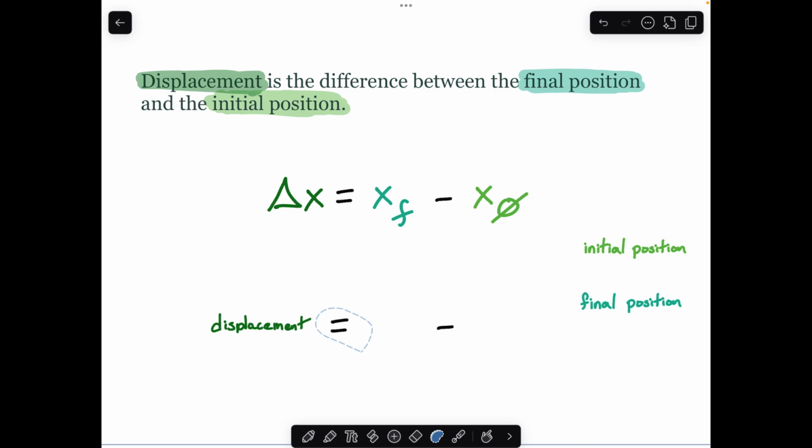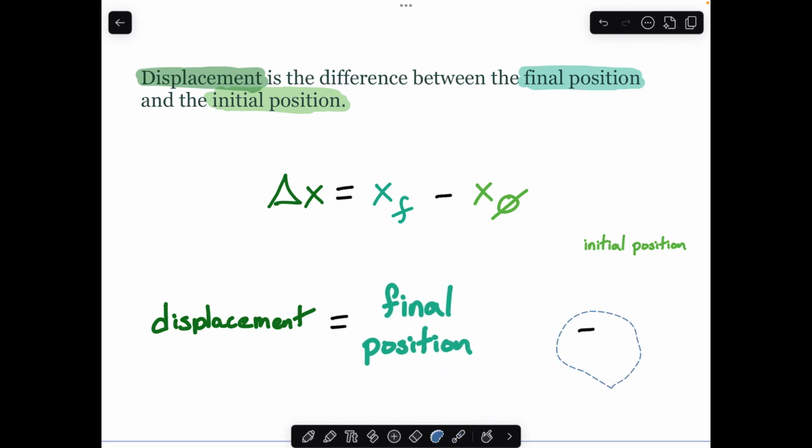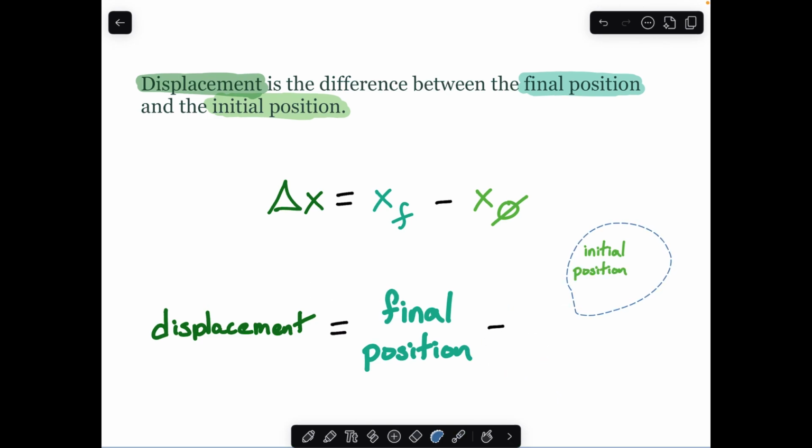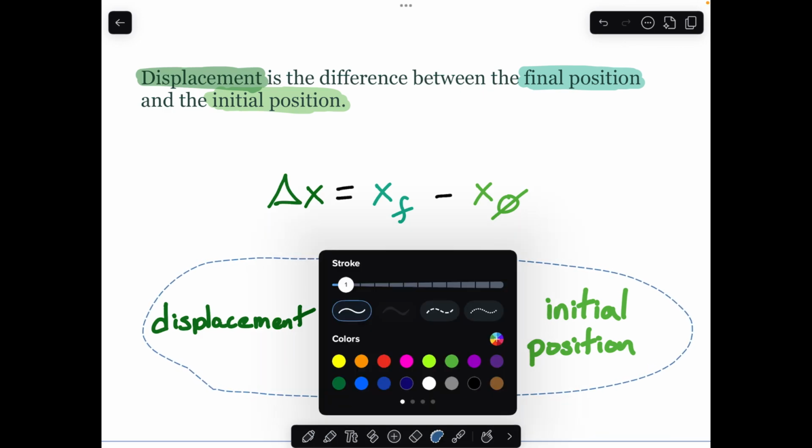Displacement is the same as the difference between the final position and the initial position. Here we have the same formula written 3 different ways.